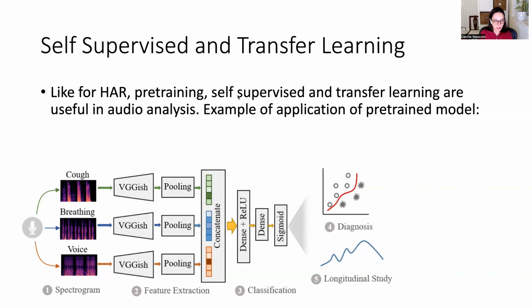This is an example of a work we have done on respiratory sounds. These were sounds we collected by asking people to cough, breathe, and read a sentence on the screen of their phone, and then record their sound. We feed them into a pre-trained model called VGGish, a Google pre-trained model. This model has been trained on a large data set of audio from YouTube.